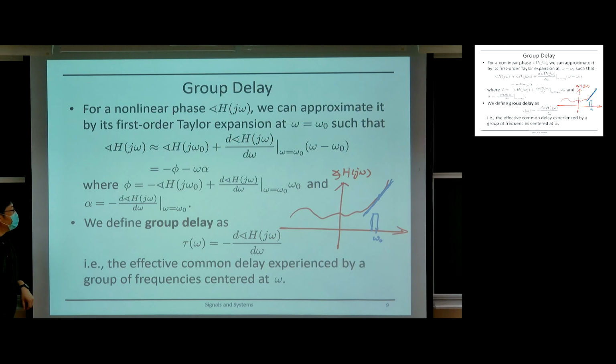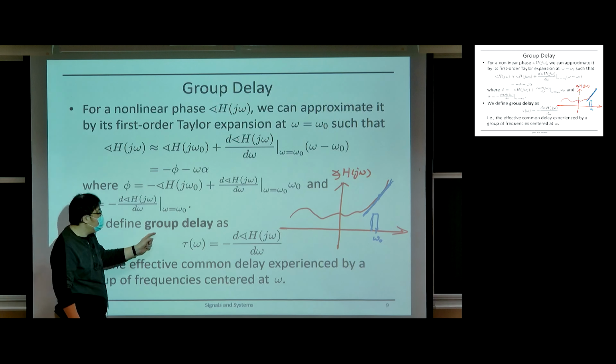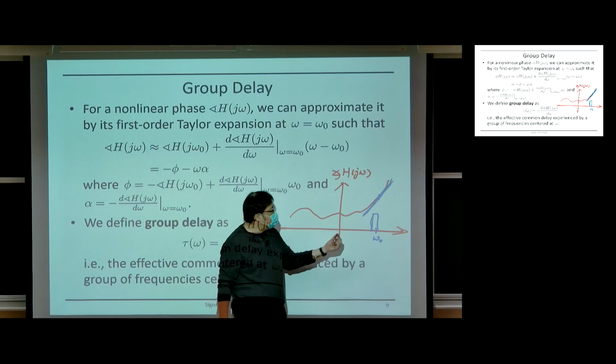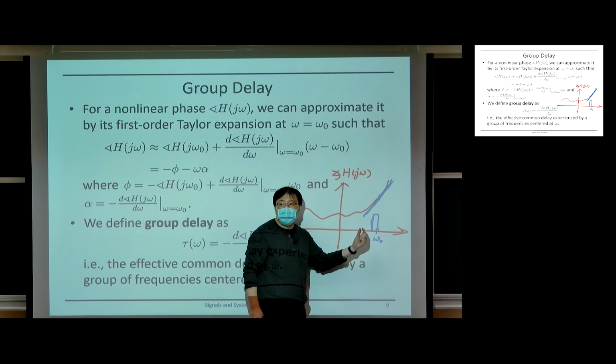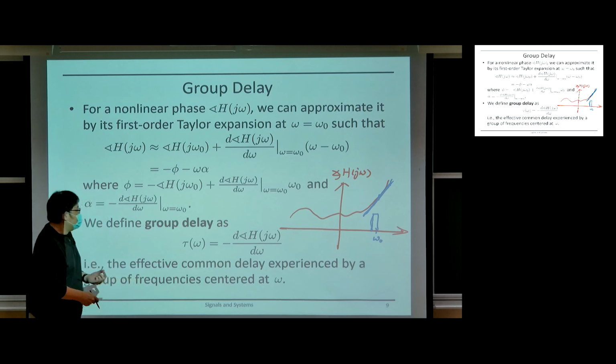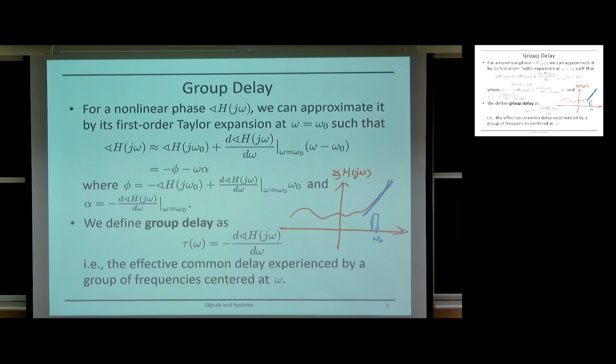So this delay we call the group delay, because this is the delay that we observe approximately among the group of frequencies around omega naught. This group delay is alpha, which is minus the derivative of this nonlinear phase about the frequency that we're interested in.